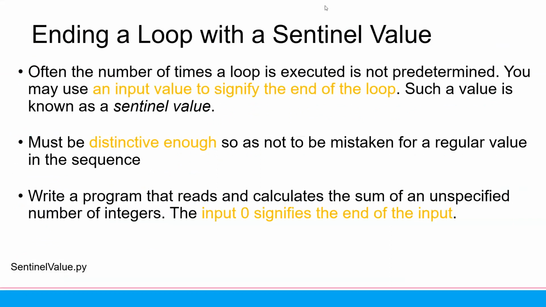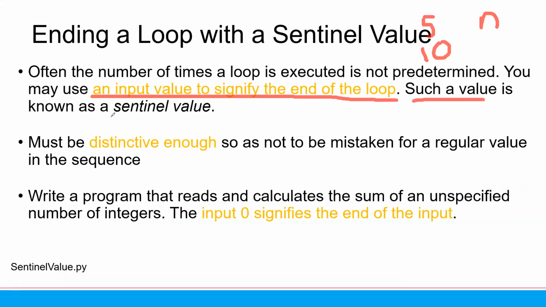You can loop for 5 times, or 10 times, or until n times. I do not know how many times I want to loop. So you can use an input value to signify the end of the loop. Such a value is known as a sentinel value.